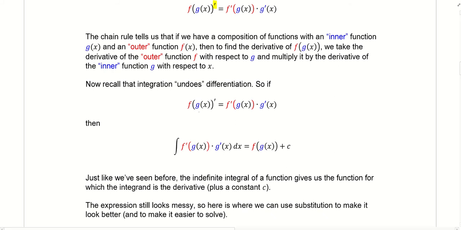With the chain rule, it tells us that the derivative of a composition of functions is equal to this thing. Like we just set up here, it's the derivative of the outer function times the derivative of the inner function. And so if I take this result, the result of the chain rule, and I integrate it, so I put it in my little integration notation here, the integral of the result of the chain rule should give me that composition of functions back plus that arbitrary constant c.